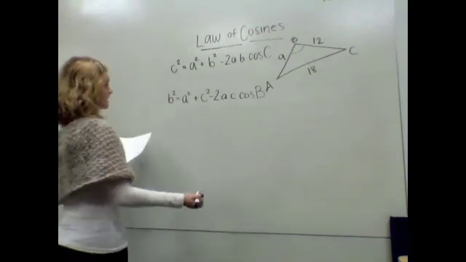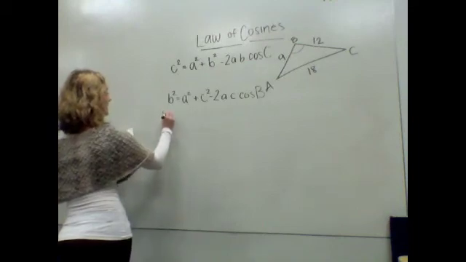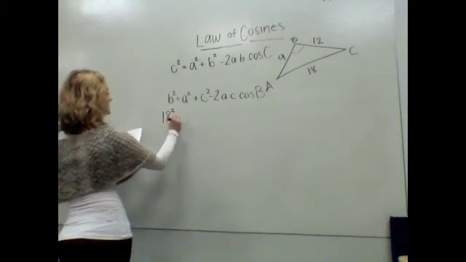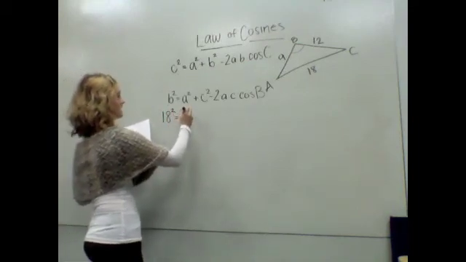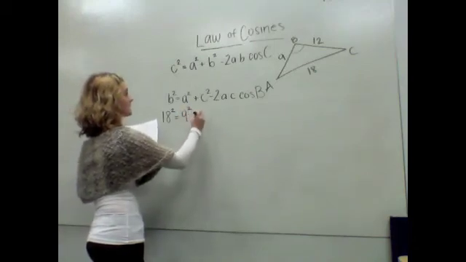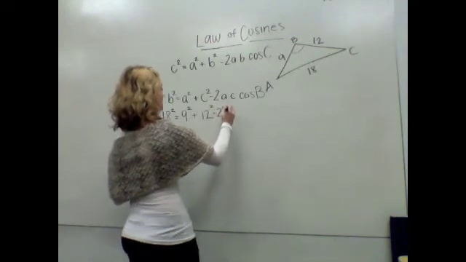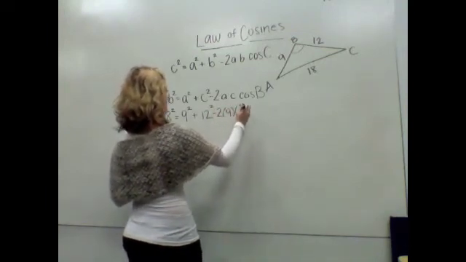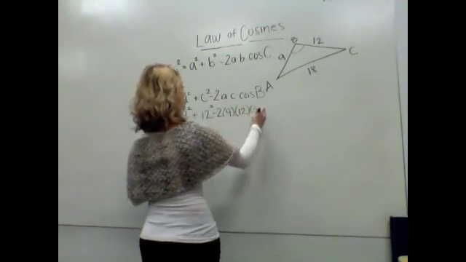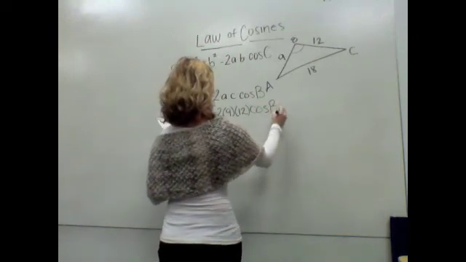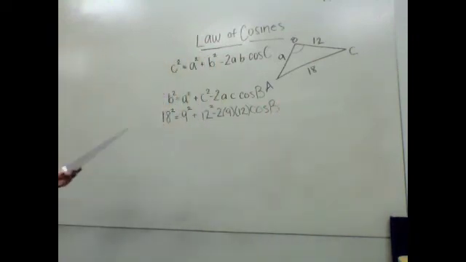So from this point on, you're really just plugging it in. My side length of B is 18, so we have 18 squared. A side length is 9, 9 squared. C length is 12, so we have 12 squared. And I'm just plugging in. My A value is 9, my C value is 12, and I don't know my cosine of B value. That's what I'm solving for.